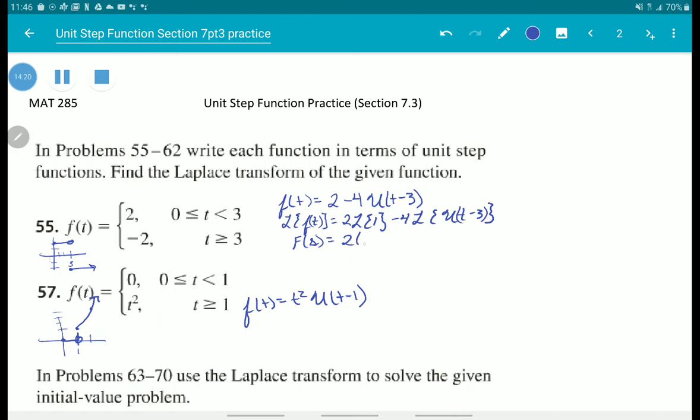The Laplace of 1 is 1 over s. And then this guy was using that formula that we derived just a few minutes ago. And it gives us e to the negative as over s. So in this case, our a is 3. So I'm going to clean that up. We have 2 minus 4 e to the negative 3s all over s.